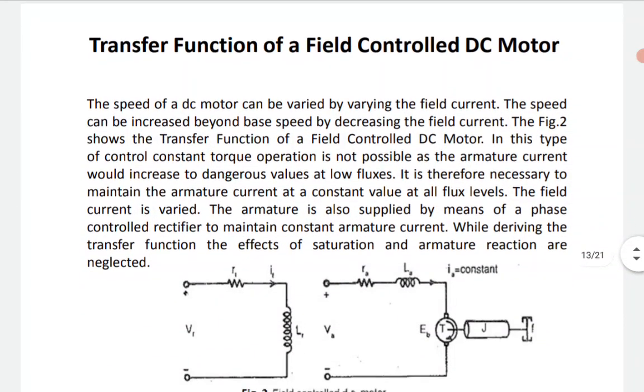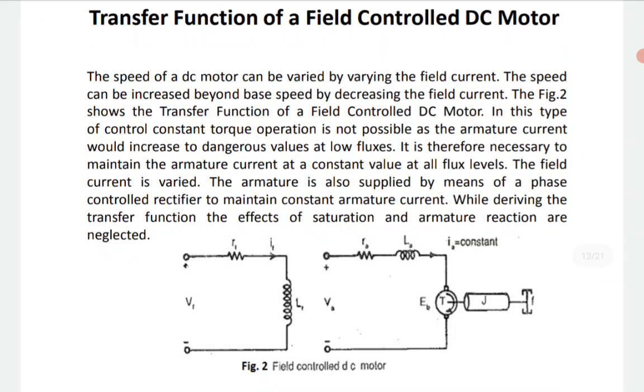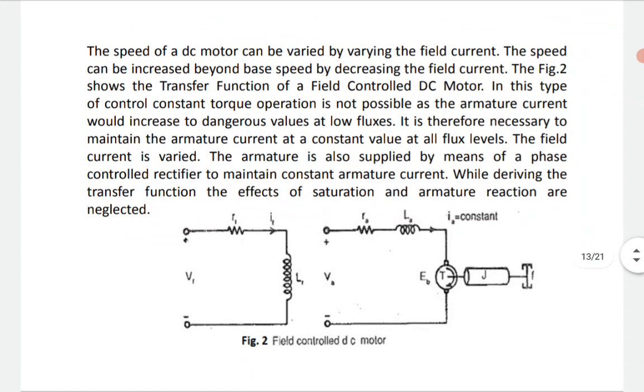Now the transfer function of a field control DC motor. Here we assume vice versa, that the armature current remains fixed. The speed of a DC motor can be varied by varying the field current. The speed can be increased beyond base speed by decreasing the field current. Figure 2 shows the transfer function of a field control DC motor.